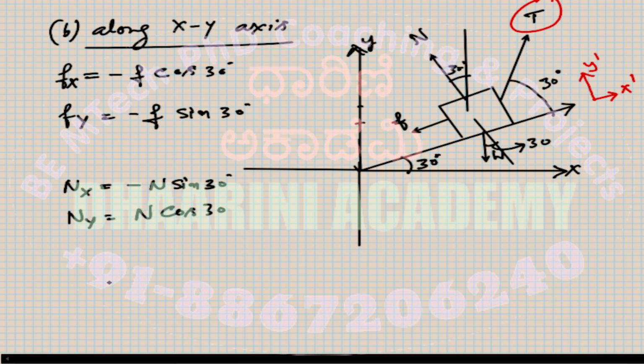That is T. So T makes a 60 degree with respect to x-axis. So Tx is equal to T cos 60, and the Ty is equal to, what is the y component? This is T sin 60.